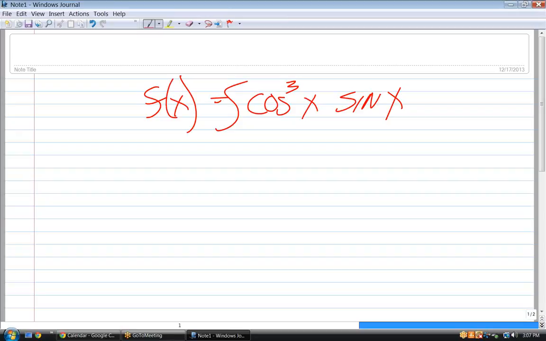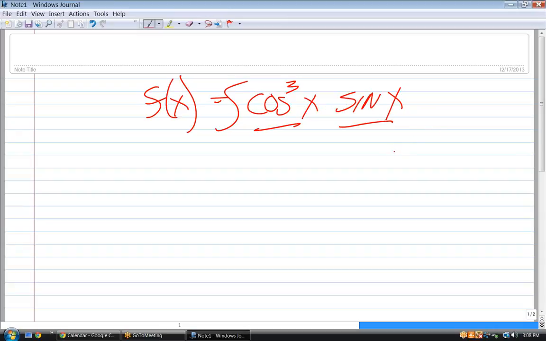What I look for when I'm looking for integration by substitution is that here we have the product of two functions, and I know that the inside derivative is this. That is what makes it perfect for integration by substitution.